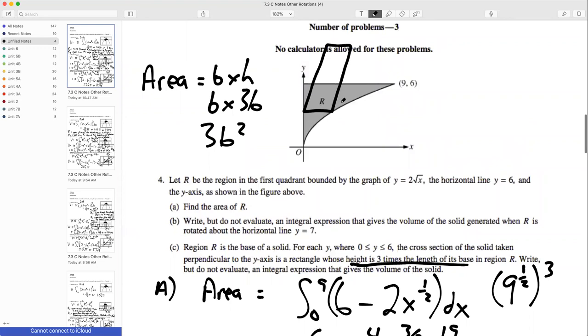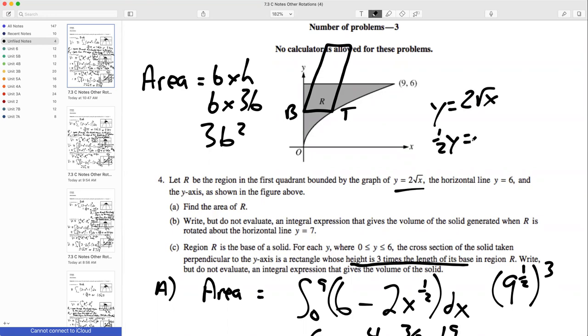All right, so look at my picture. The base goes from this curve to this curve. And since I'm integrating with respect to y, I'm going to label it top and bottom. The bottom doesn't matter because it's the y-axis, therefore it's 0. The top curve is this. However, since I'm integrating with respect to y, I need to have y's in my integrand. So I'm going to solve this.